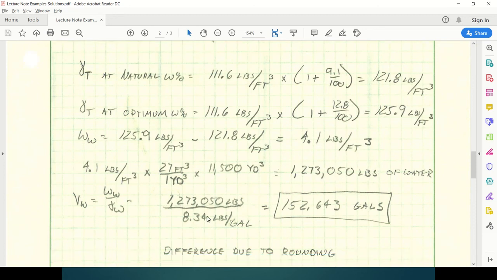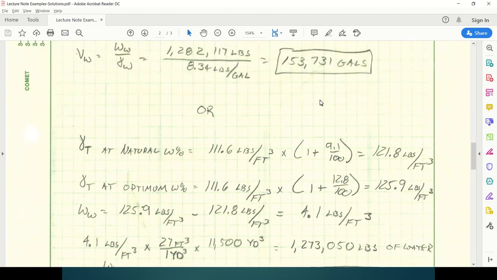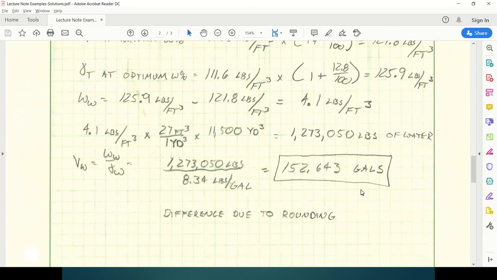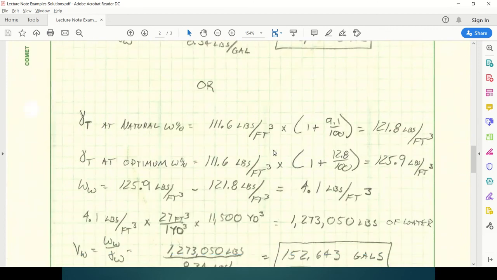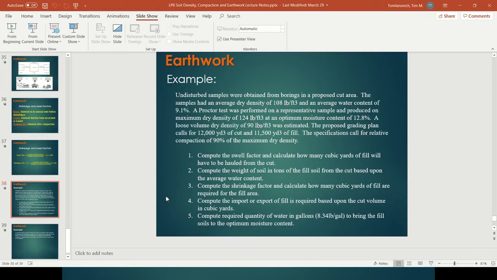And I go back to this equation, 152,643. So this difference is due to rounding. Either way, I get the same answer. So that's that one.